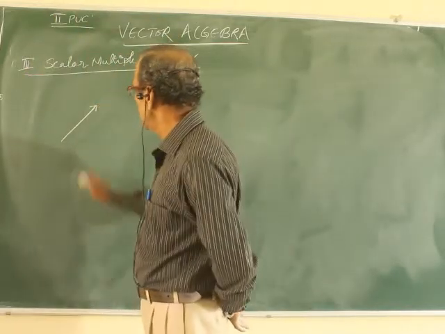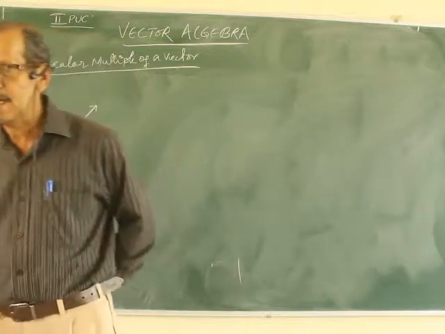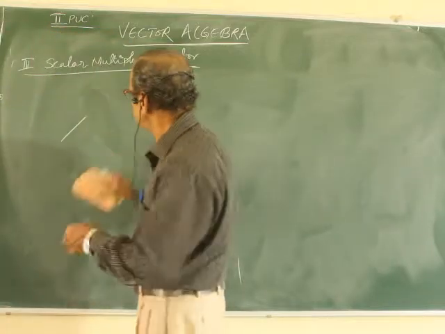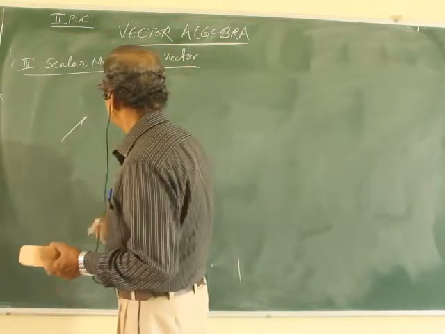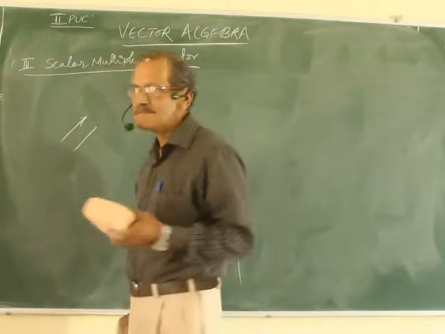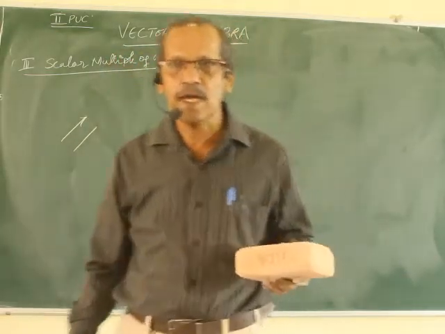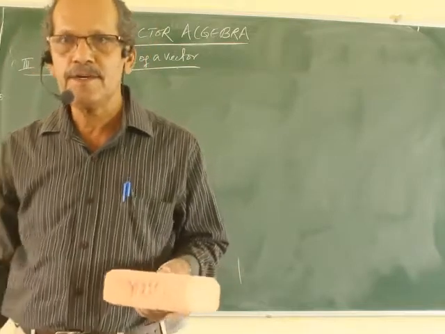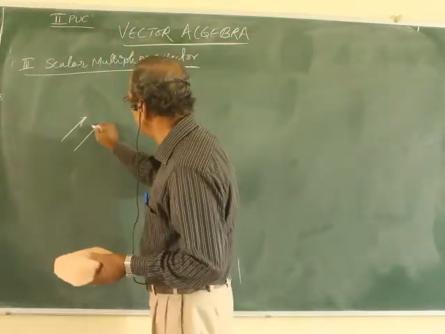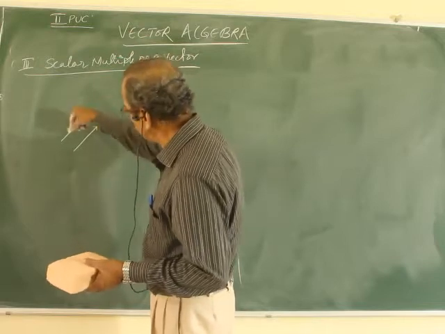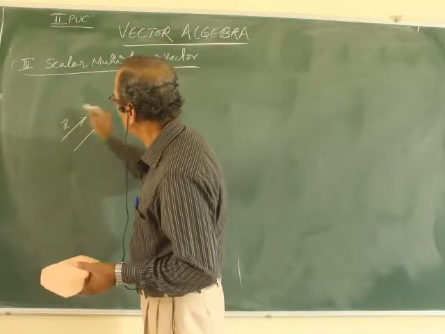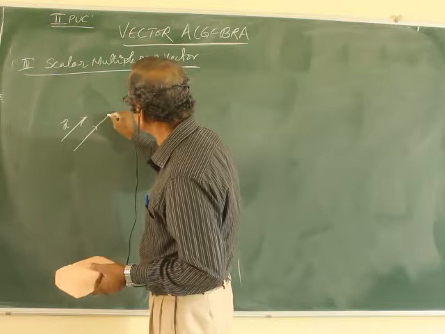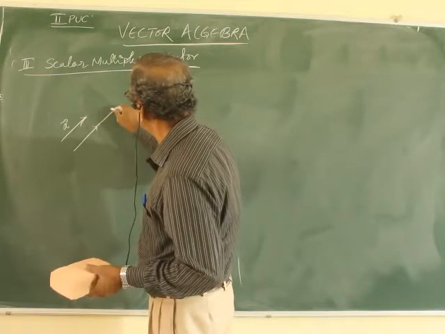Just think, A is the given vector. Let me draw a little smaller vector A. Now what about 2A? You know the addition of vectors. A plus A is 2A, no? Bring the initial point of the second vector, that means once again A, to the end point of the first vector.